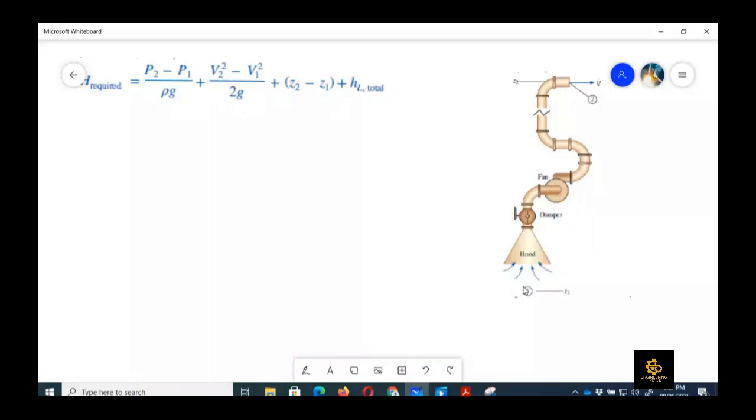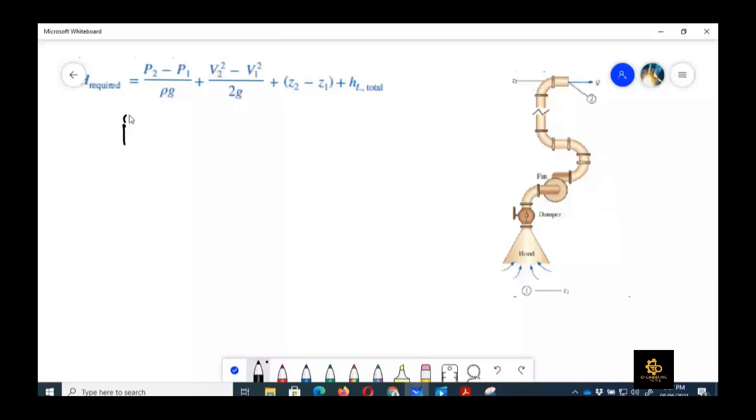It means that V1 would be equal to 0. Before that, we need P2 and P1 values. P1 is atmospheric because it is far away from the hood. So we can write P atmospheric. And then what is the value of P2? The jet is going out into the atmosphere, which is stagnant air.